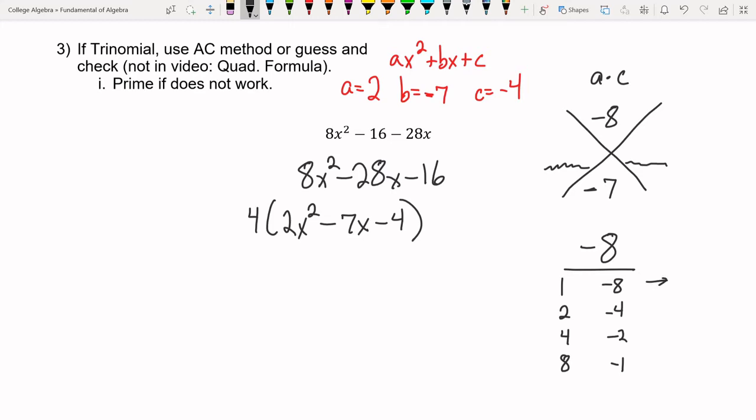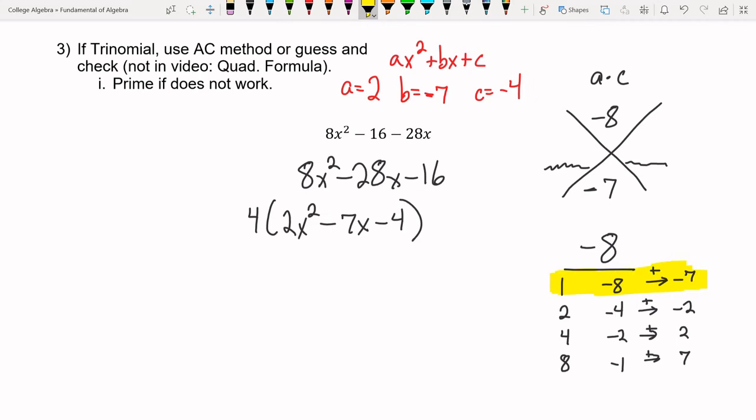Then we add going across. 1 plus -8 is -7. 2 plus -4 is -2. Then we get 2. Then we get 7. And we're looking for two numbers that multiply to give -8 and add to give -7. And you see the first one is what gives us it.